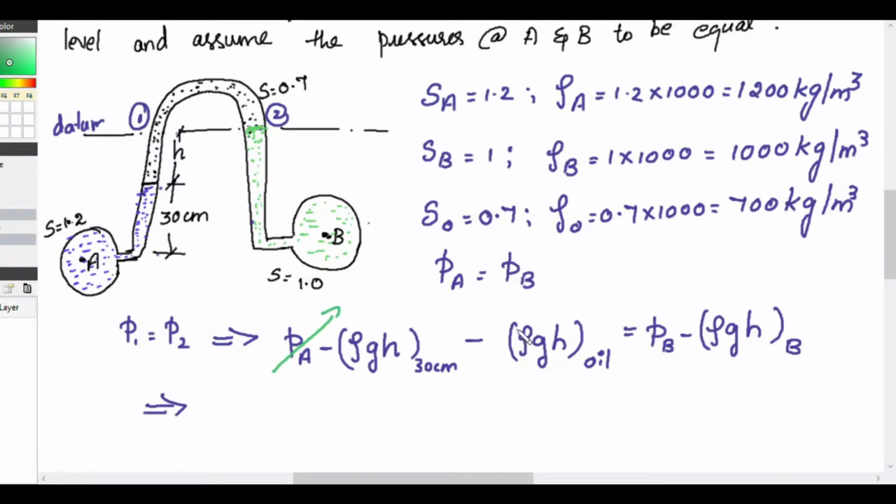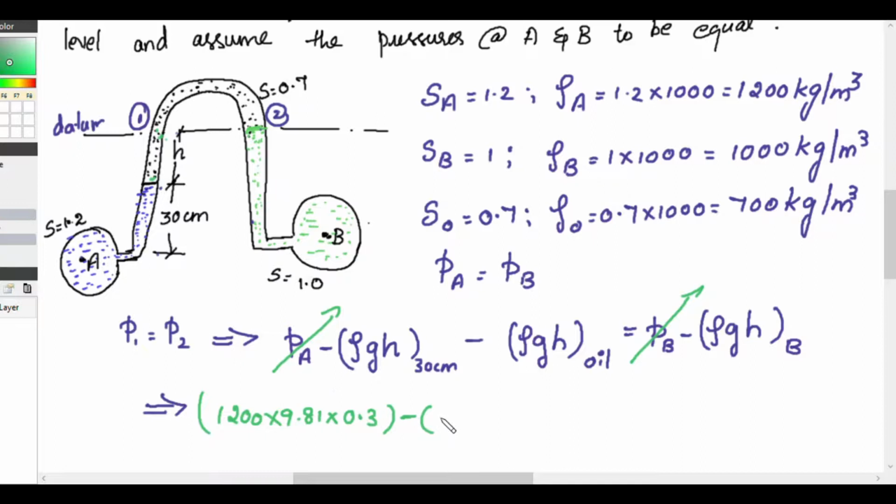So these two get cancelled. What we have is rho g h of 30 centimeters. In the pipe A, the density is 1200. So 1200 into 9.81 into the height of 30 centimeters, so 0.3, minus rho g h of oil, that means the pressure at this height.